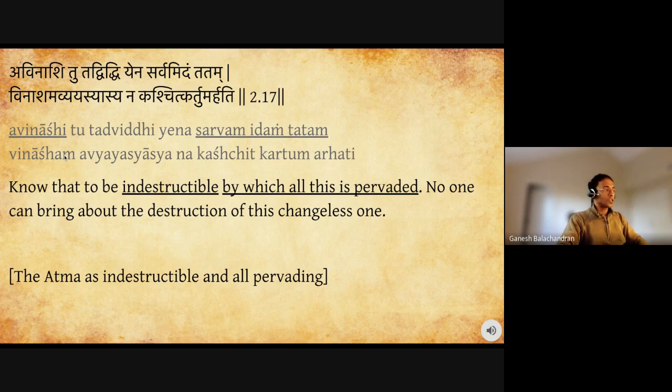Vinasham means destruction. Avyayasya asya. Avyayam means changeless. So the destruction of this changeless one, na kaschit kartum arhati: nobody can do that. Kaschit means anybody, so nobody. Kartum arhati, cannot do. Atma is indestructible, all pervading, and also avyayam, so it is changeless.